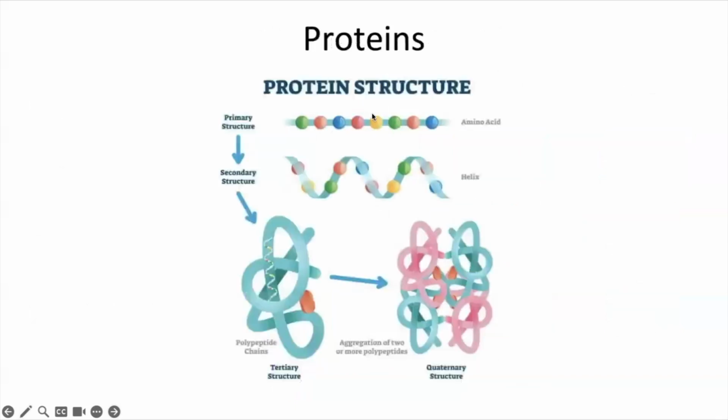So proteins, we can think about proteins, right? These are the little biological tools within cells, within organisms. They're encoded by DNA. They perform functions in the cells, and we can think about them at different levels of structure. The first type of hierarchy of complexity is our primary structure.